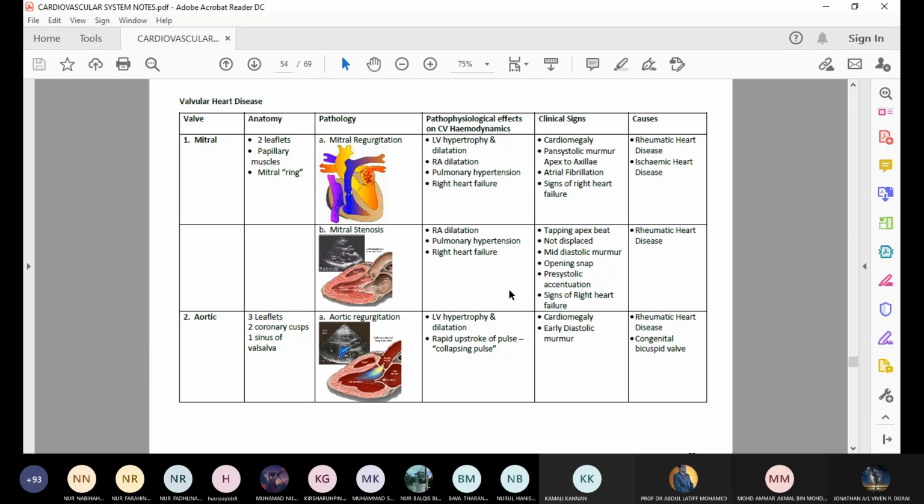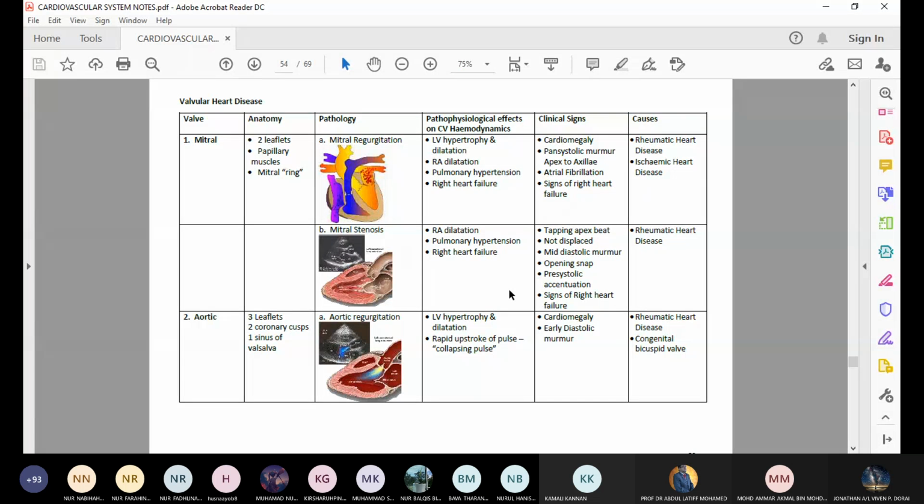Okay, so what do we want to know about valvular heart disease? When someone gets a valvular heart disease, there is turbulence of blood in the heart. Now the problem is blood goes in the wrong direction, or the chambers of the heart behind a stenosed valve need to pump harder, because the blood needs to squeeze through the stenosed valve.